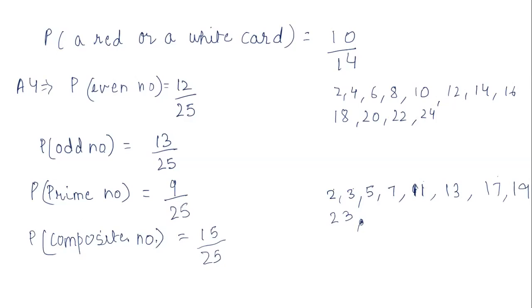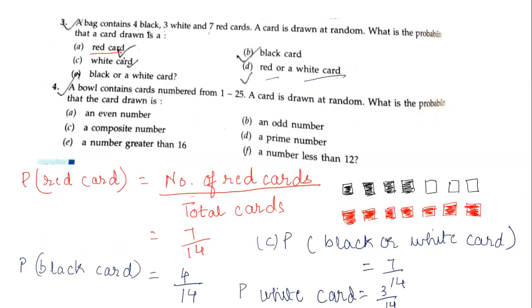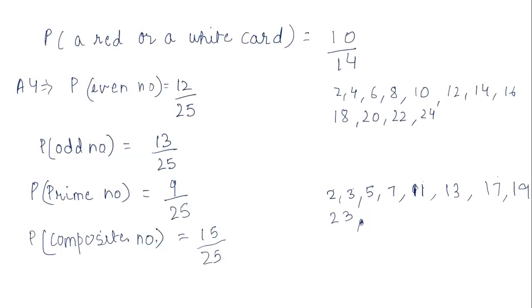So students, these are composite numbers, and the last two parts are left. A number greater than 16, a number less than 12.